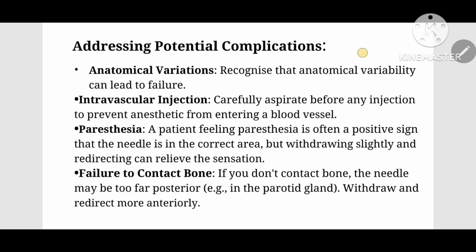Now, what can be the potential complications? Anatomical variations: number one, the complication can be due to anatomical variation, so we have to recognize that anatomical variability which can lead to failure. Number two, which is most important, is intravascular injection of the local anesthetic and other drug.